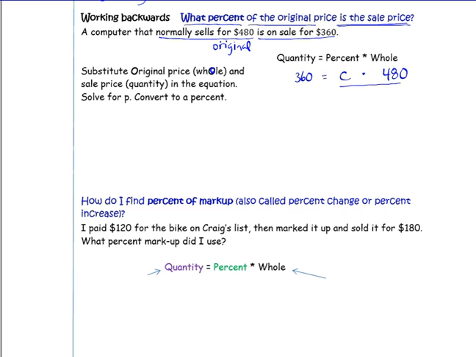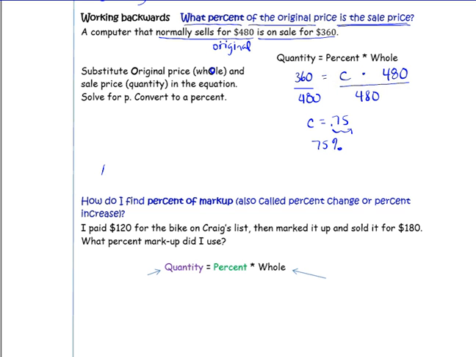So now just go ahead and solve the equation. Divide by 480. So what you're doing here is you're taking the sale price and dividing it by the original cost. And that's going to give you 0.75. As a percent, remember to multiply that by 100, or you could move your decimal 2 places. And the answer is 75%.